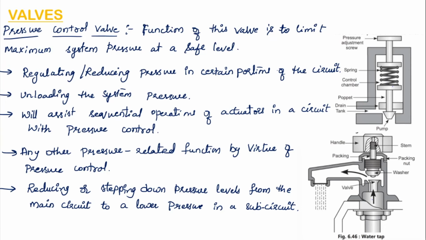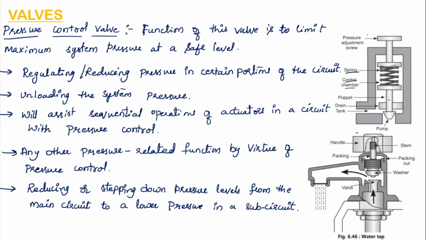Here you can see an example of a pressure control valve. There is a pressure adjustment screw which can be turned, and there is a spring here. The spring-containing chamber between the poppet and the pressure adjustment screw is called the control chamber.